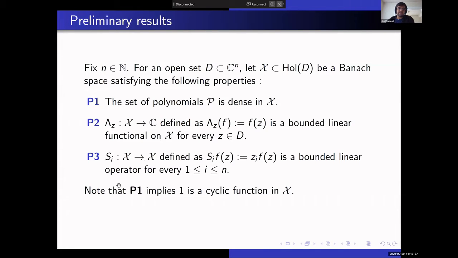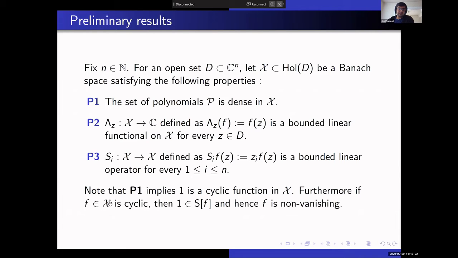Now, note that property P1 implies 1 is a cyclic function in X, right? Because the shift invariant subspace generated by 1 is going to be the closure of the polynomials. The shift invariant subspace was a closed span of polynomial multiples of the function, and polynomial multiples of 1 are just the polynomials themselves. So it's pretty obvious that 1 is a cyclic function. And if f is a cyclic function, then 1 belongs to the shift invariant subspace of f, obviously.